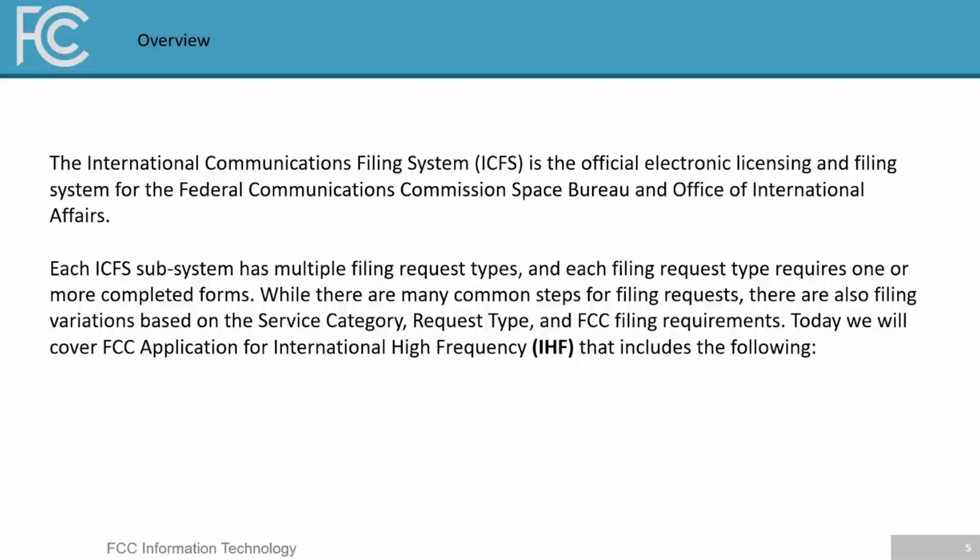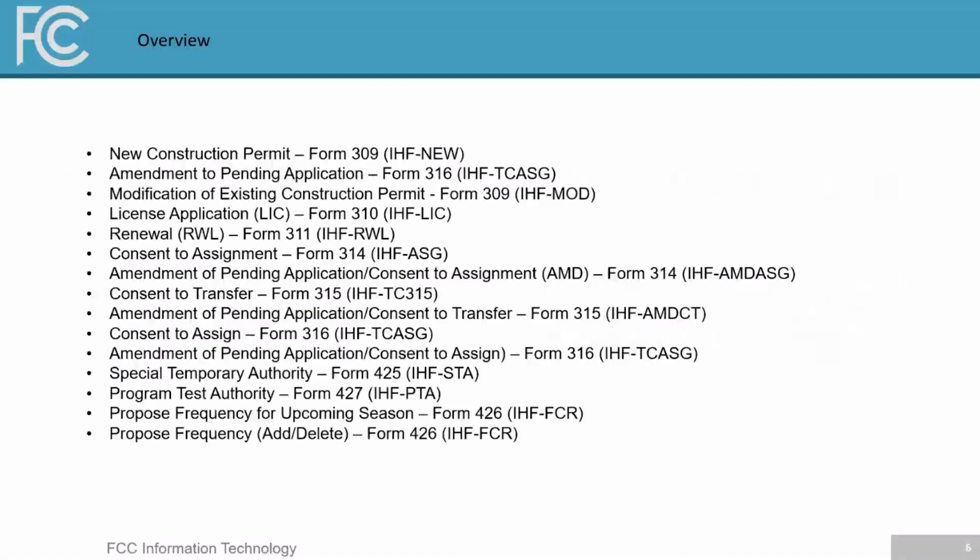Today we will cover the FCC application for international high frequency that includes the following. We will go over the construction permit 309 form, amendment of pending application 309 form, modification of 309 form.